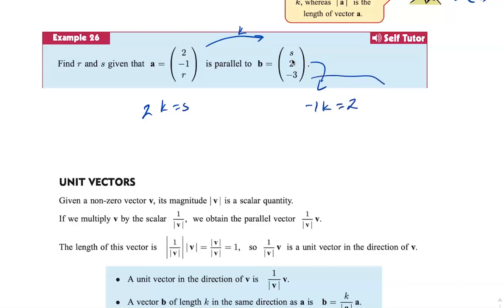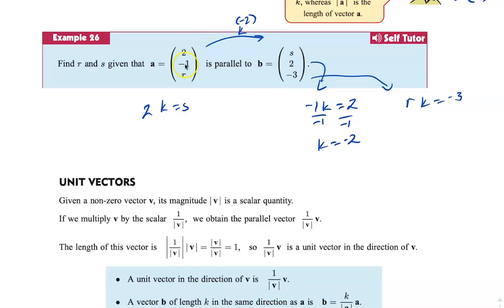And from the bottom, I have R times K equals -3. That's the way it works. If you multiply this vector by some value K for all of the entries, you get this parallel vector. There's only one of them you can actually solve, and that's the middle one. How do you go from -1 to 2? If you're not sure, you can divide by -1. You get it by multiplying by -2. So that's the factor. If you multiply by -2, you get over there.